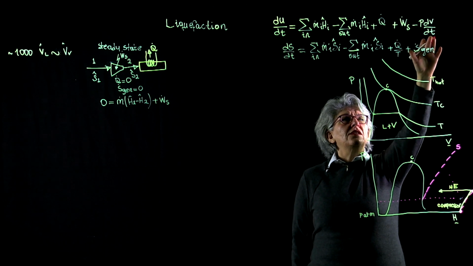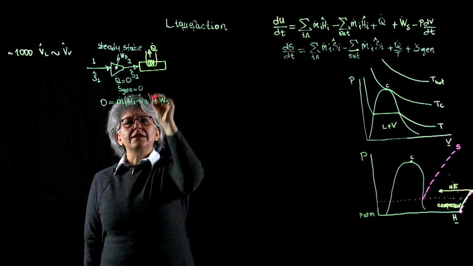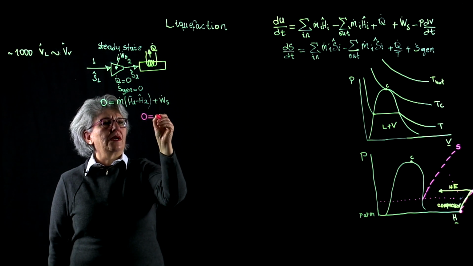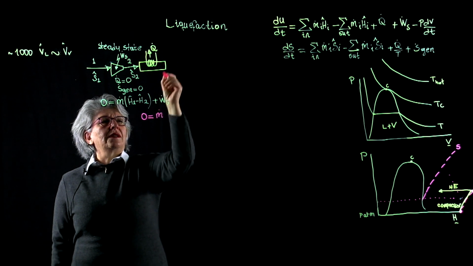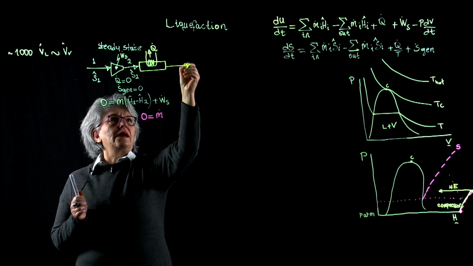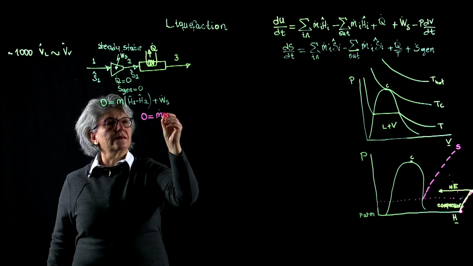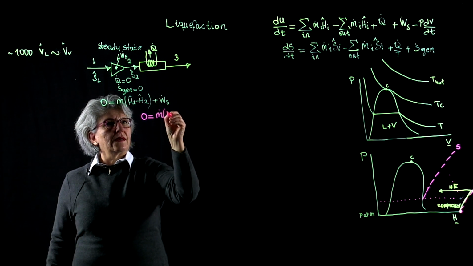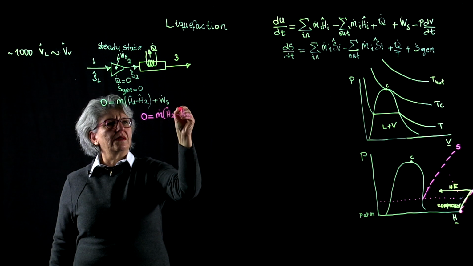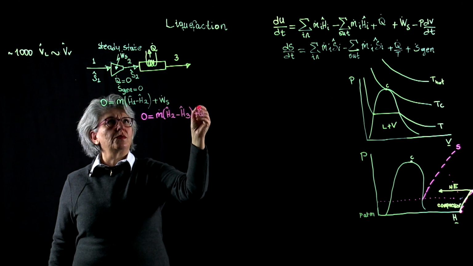The heat exchanger is rigid, so those two terms disappear, and my energy balance simplifies to 0 equals H2 enters, H3 leaves, plus this time Q, where let's label this effluent as 3.